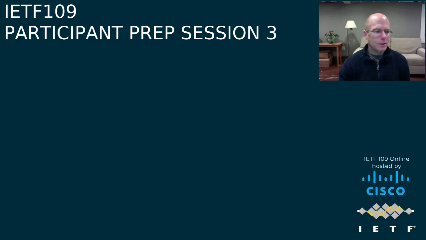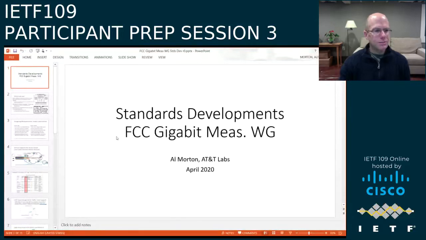And Sue, one thing I wanted to talk about that I've missed sharing is that you can tell who's speaking because their icon in the participant stack has this blue pulsing circle on it. Standard Development, FCC Gigabit Measurement Working Group. Fantastic.